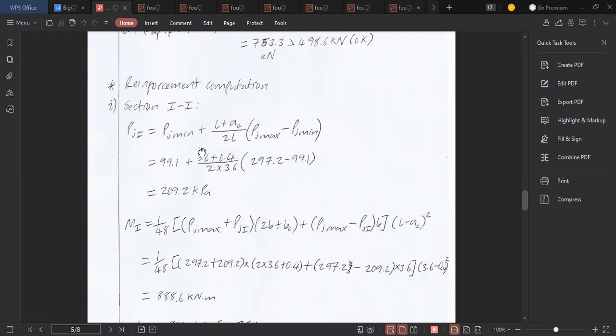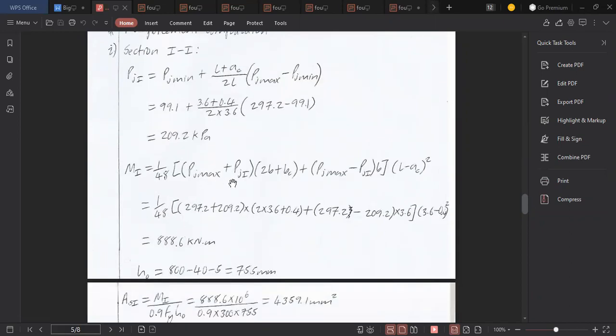So we find this value. We're going to use it to find the moment. So moment 1 is PJ max, PJ1. I'm sure we know all the variables here now, right?